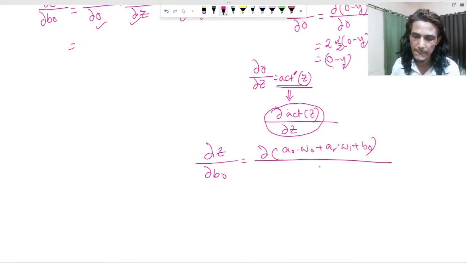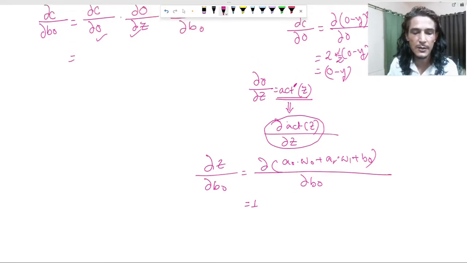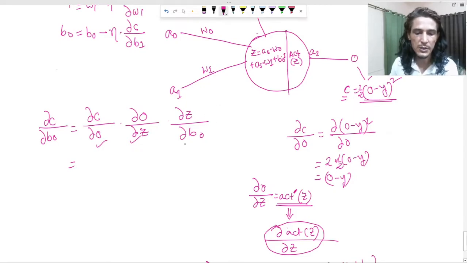With respect to b0, there is no b0 in the other terms, so they do not change and the rate of change is 0; only this b0 is there. So the rate of change of this function with respect to b0 is 1. Ultimately it is like asking how much db0 changes with respect to db0, so it is 1, right? We have computed this thing to be 1.